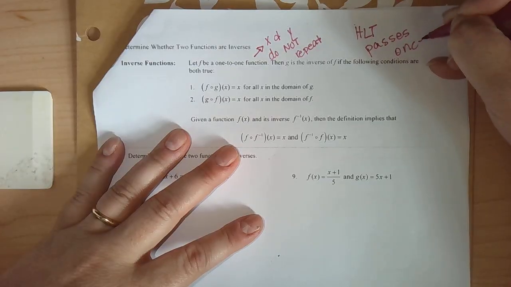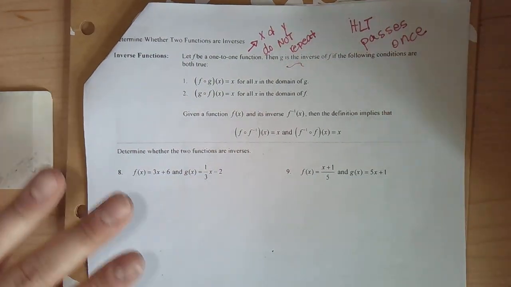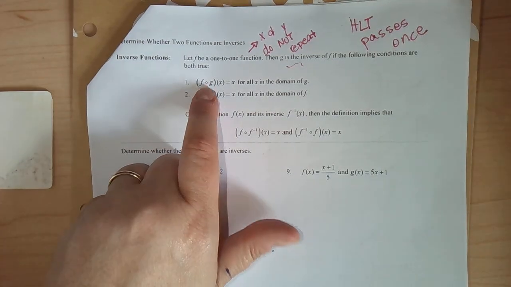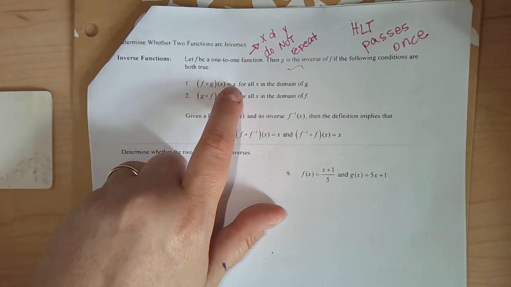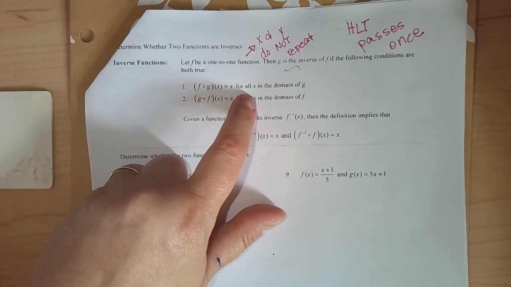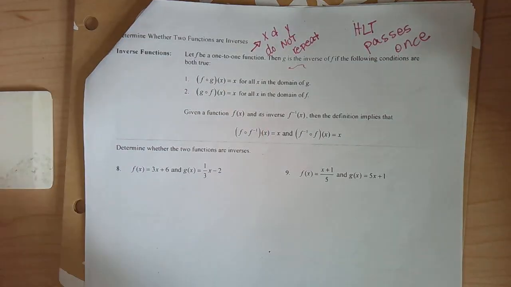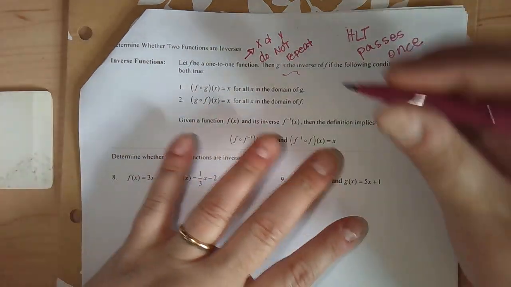If this happens, then g and f, those are like the two equations, are inverses. And then it says f little circle g of x equals x for all x in the domain of g, and then the same thing, but the letters are backwards. First of all, this little circle means composition.